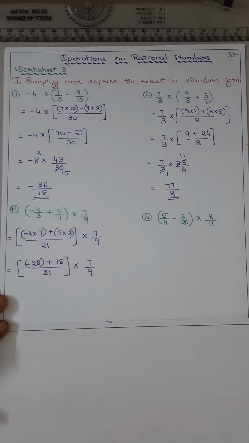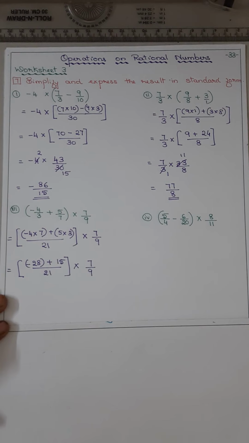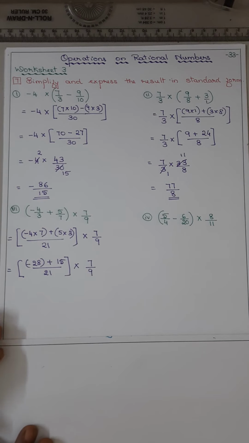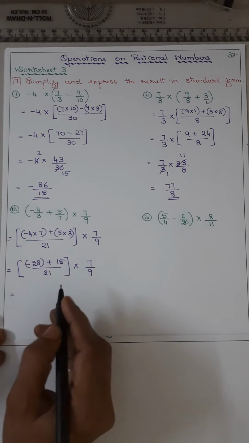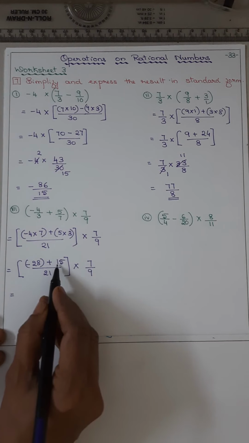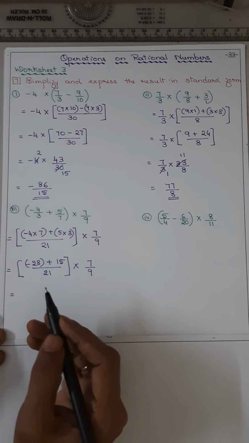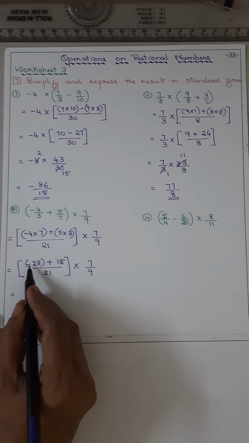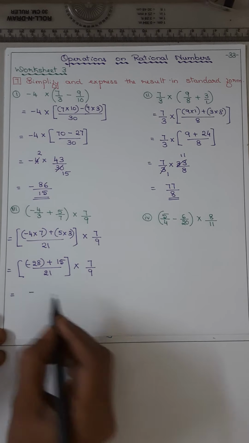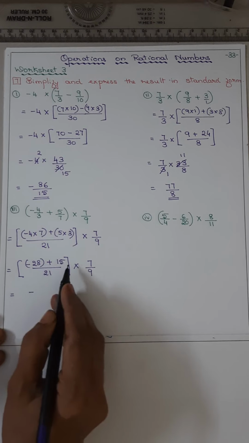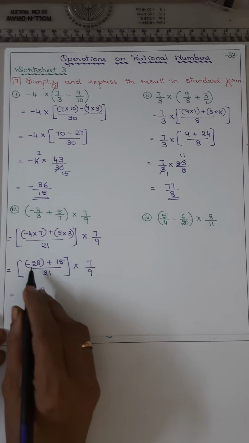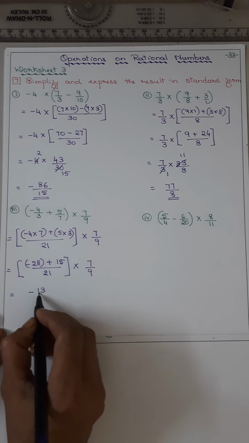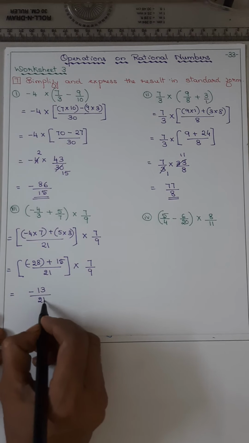Wherever I have put the brackets, you also put the brackets, then only it will be easy. Now minus plus means different signs, look for the difference. So 28 is bigger, so minus sign. 28 minus 15 is 13 upon 21.